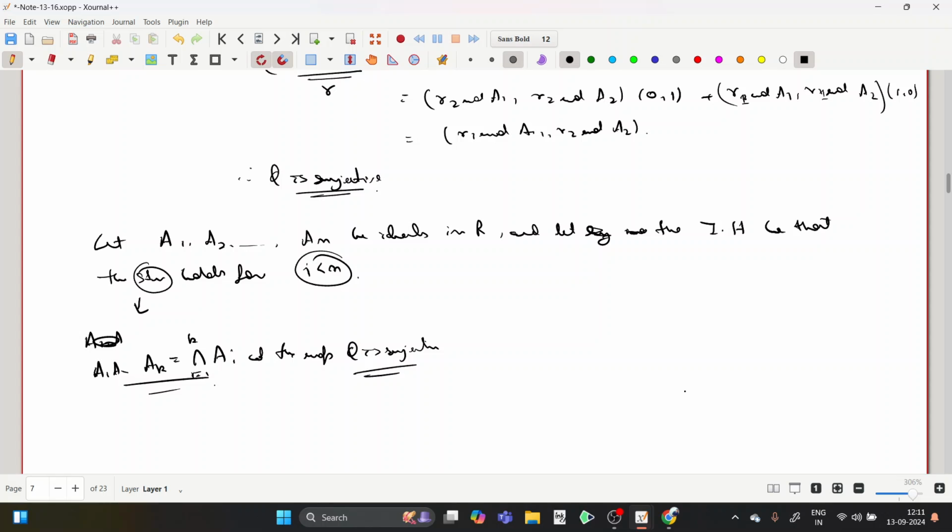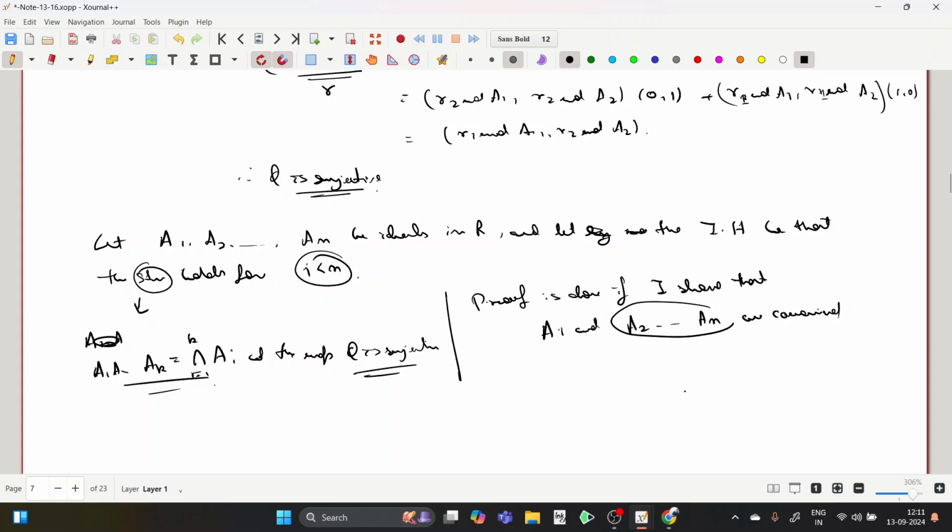Then observe that the proof is done if I show that a1 and the product of all the other ideals a2 till an are co-maximal, because the hypothesis holds for this part, because there are less than n elements, and it also holds trivially for this part.